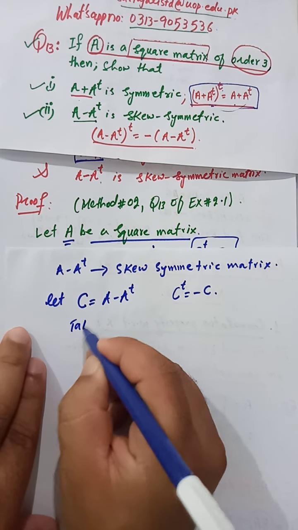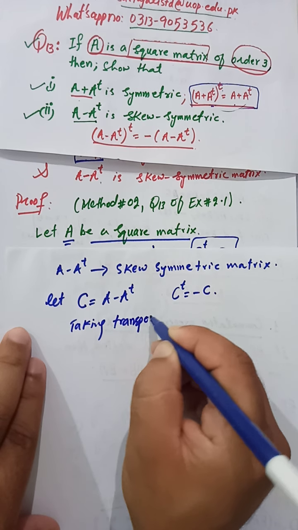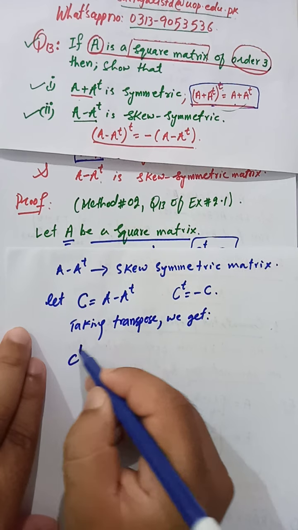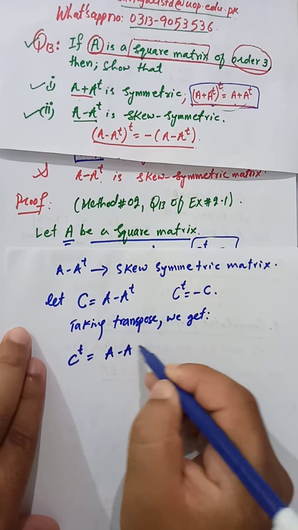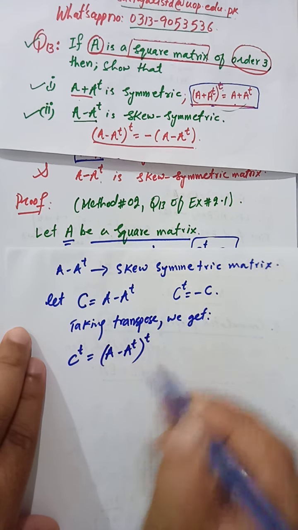So taking transpose on both sides, we get C transpose equals A minus A transpose whole transpose. So this implies that C transpose will be equal to A transpose minus A transpose whole transpose.